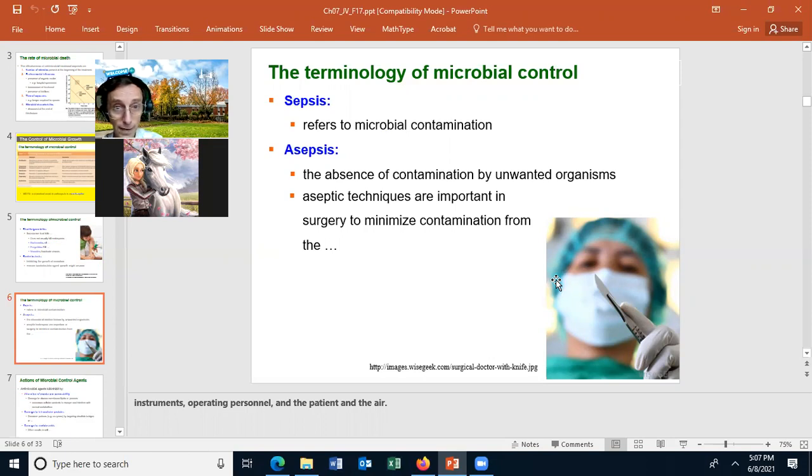So we use aseptic surgery today to minimize the patient getting an infection from the surgery. Any question about any of that? All right, not hearing anything. Let's move on.